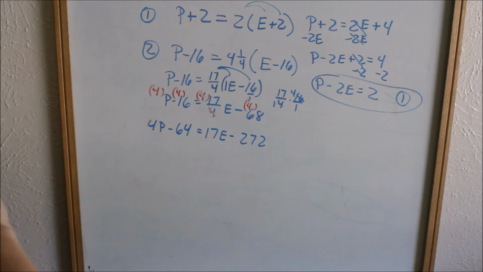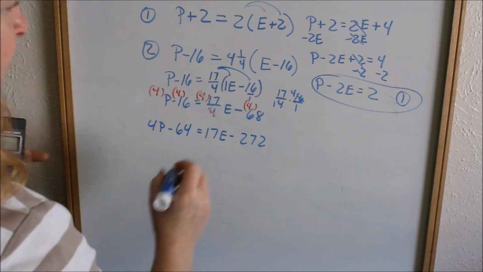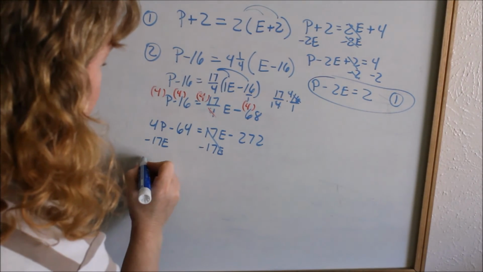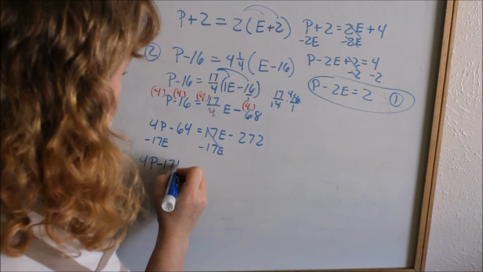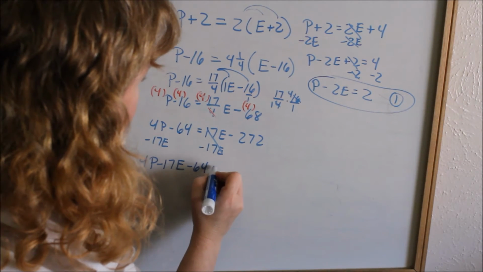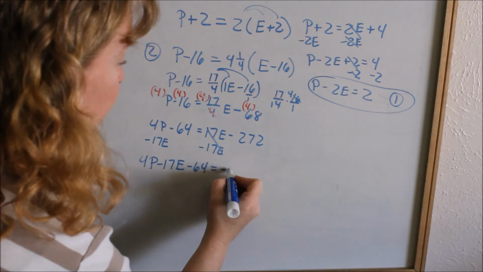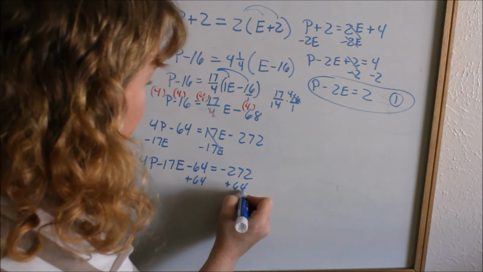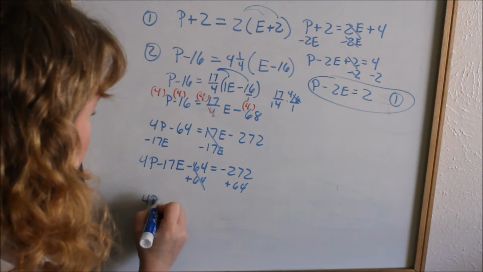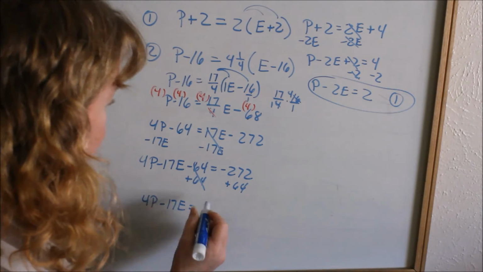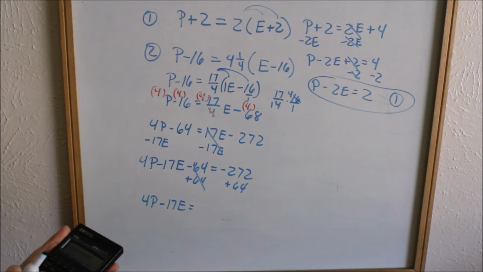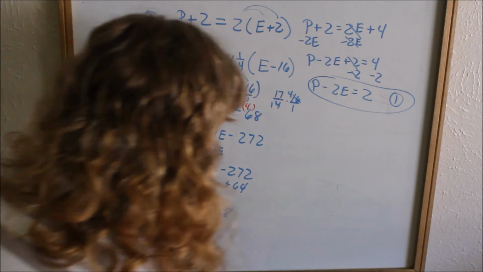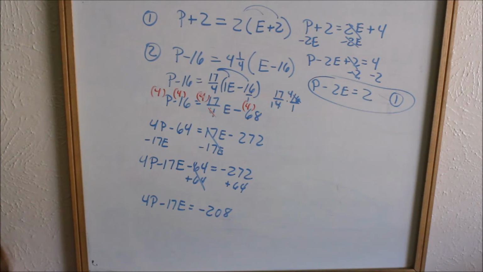Now I'm going to get E's and P's on one side and whole numbers on the other side. Subtracting 17E from both sides. Can't combine P's to E's. Don't lose this negative sign right here. Negative 272. Now we're going to add 64 to both sides. So we have 4P minus 17E equals negative 208.